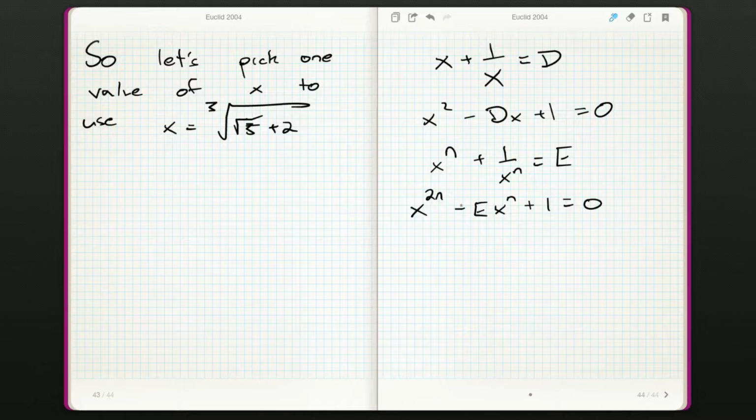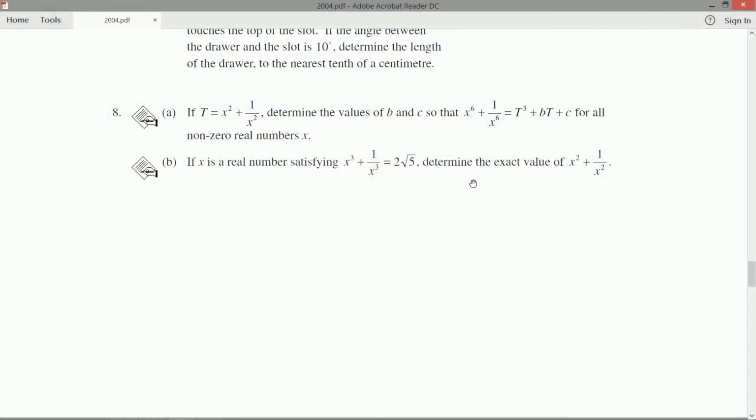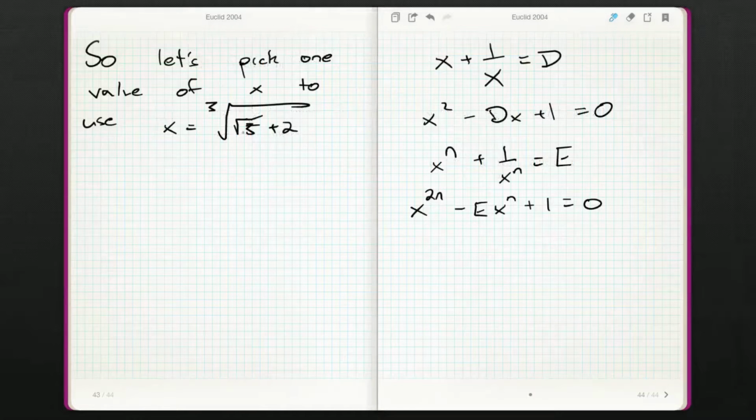Because what I don't want to do, because they asked for the exact value, is just take this number and plug it into my calculator. I need to actually show why x squared plus 1 over x squared is what it actually is.